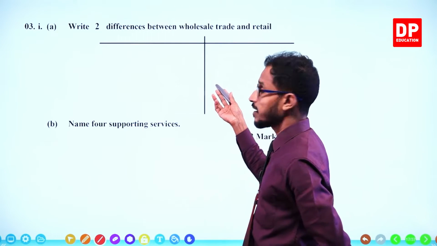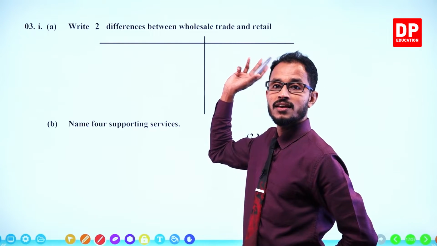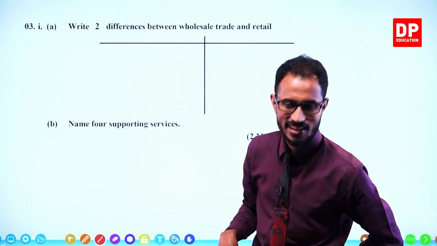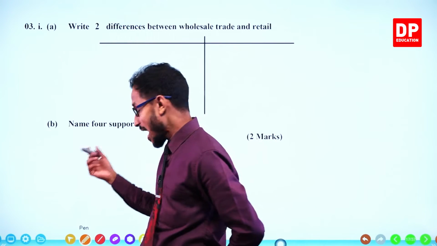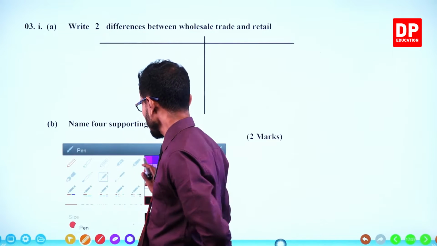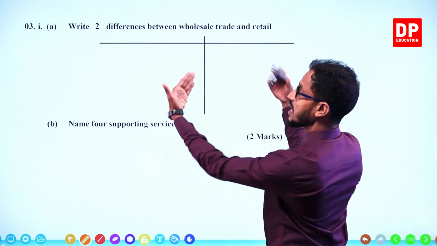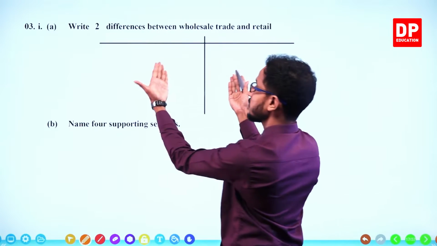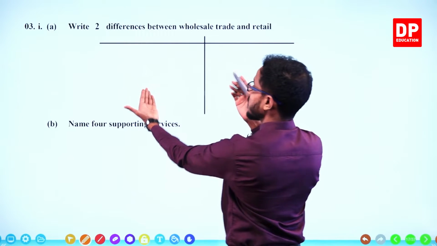You know why? Because I can put the 2 things on the 2 sides, right? I can write the 2 things on the 2 sides, see?